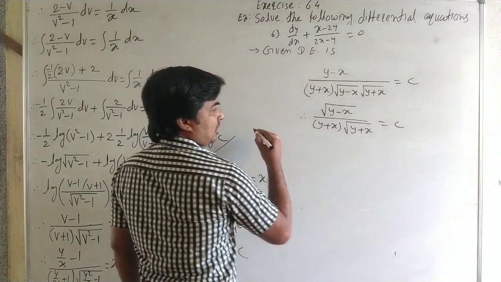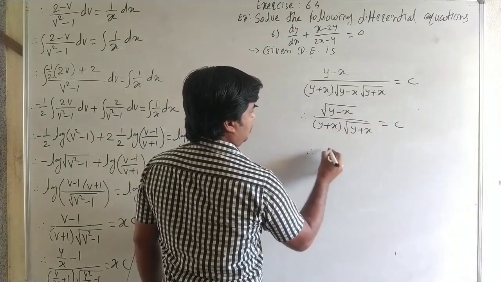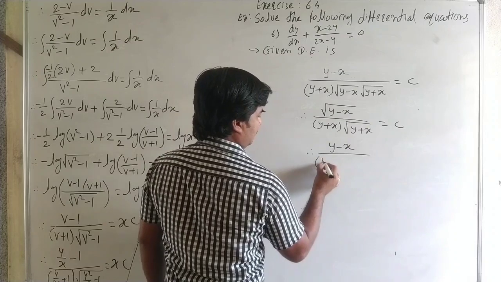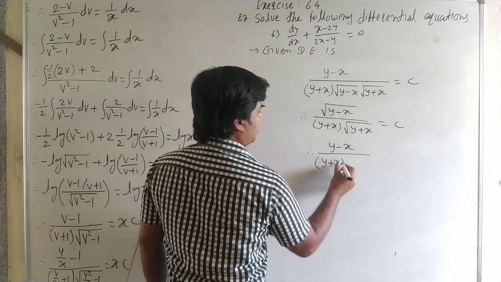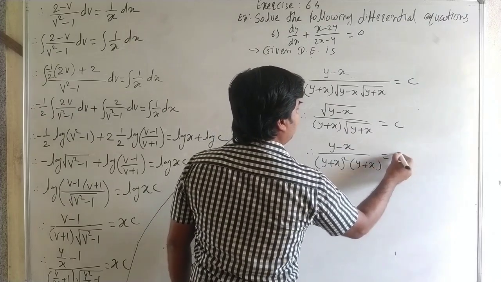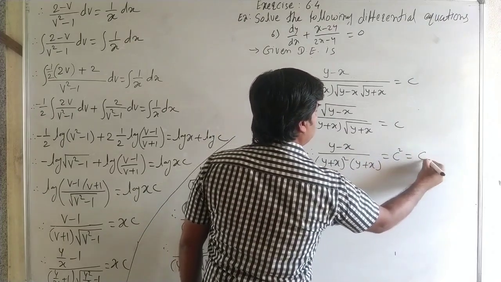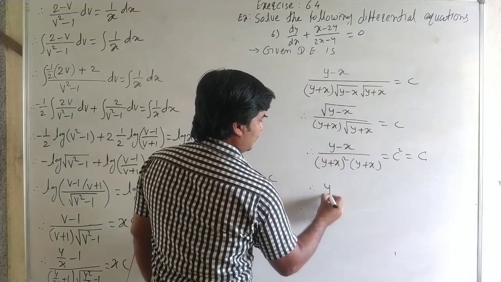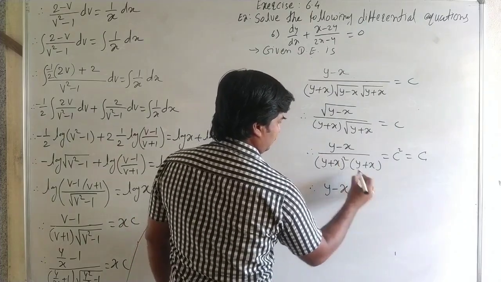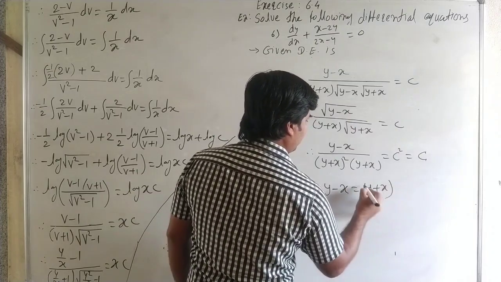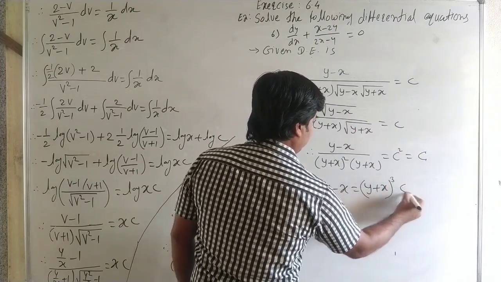And now last, squaring on both sides. Therefore we get y minus x upon y plus x square into y plus x is equal to c square, and c square is again a constant, that is c. Okay. Then y minus x is equal to y plus x cube into c.